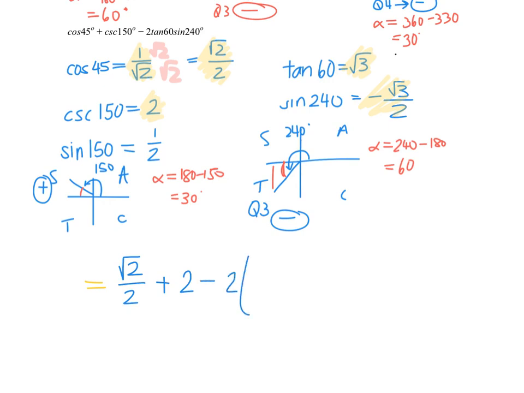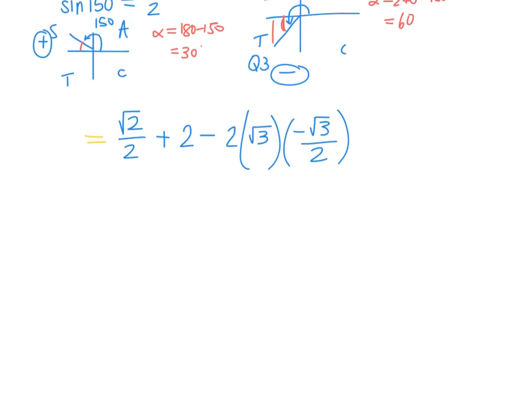Now I need tan 60, which is just root 3, and then I need sine of 240, which is negative root 3 over 2. And now I just have to clean this up. And what I'm going to do, I'm going to make sure all of these have a common denominator so I can create one fraction for my final answer.